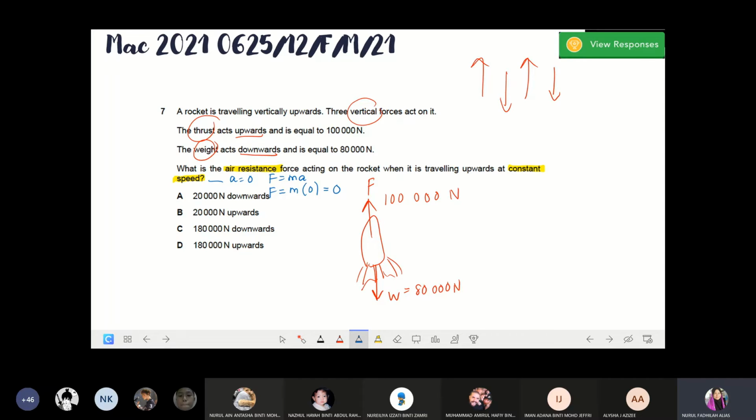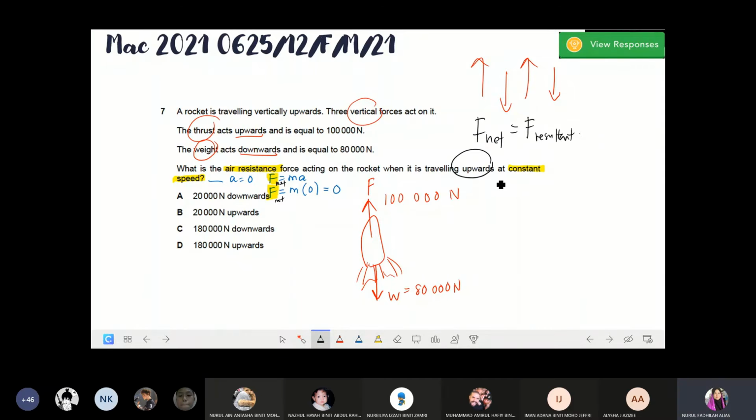So what force yang 0 ni, force apa ni? What kind of force is this one? Balance. So it's actually the net force. It's actually the resultant force. It's the net force. Okay, what is the net force? Do you remember just now? I told you net force. Net force is actually the resultant force lah. Okay, jadi resultant tu adalah, apa maksud resultant?